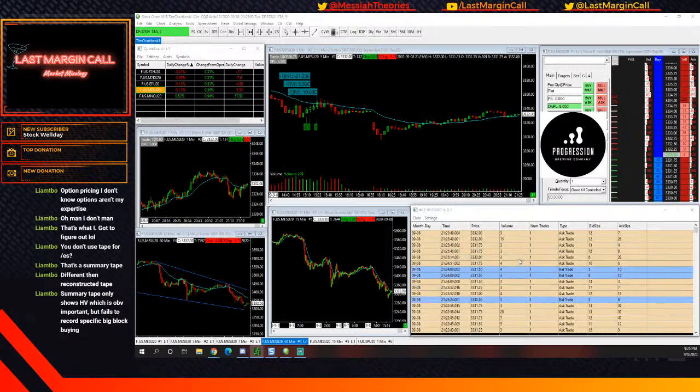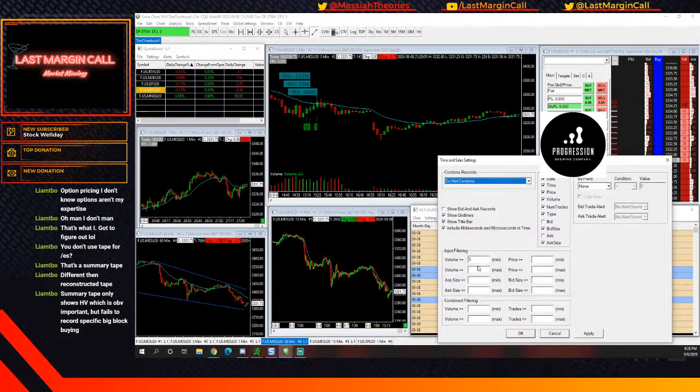What are you defining by big block buying? As in just larger contracts? It's just the settings I have on here. I just have it set to a min 3.